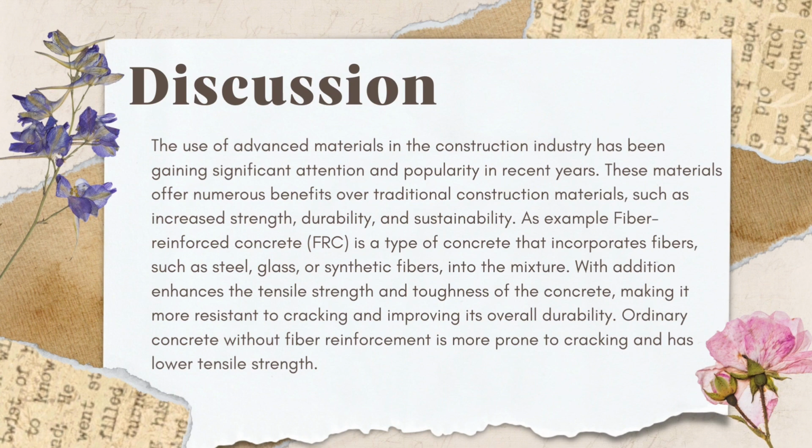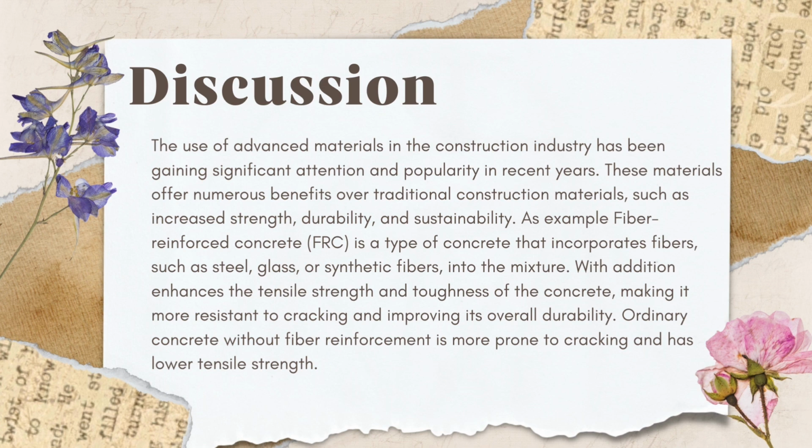For the discussion, the use of advanced material in the construction industry has been gaining significant attention and popularity in recent years. These materials offer numerous benefits over traditional construction material, such as increased strength, durability, and sustainability.